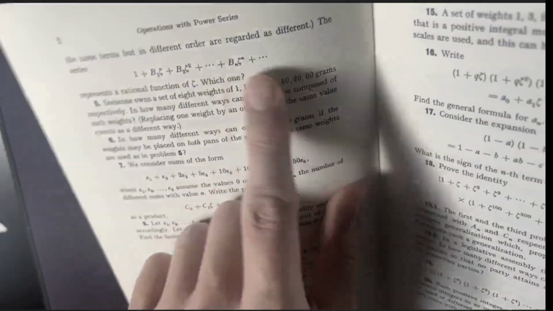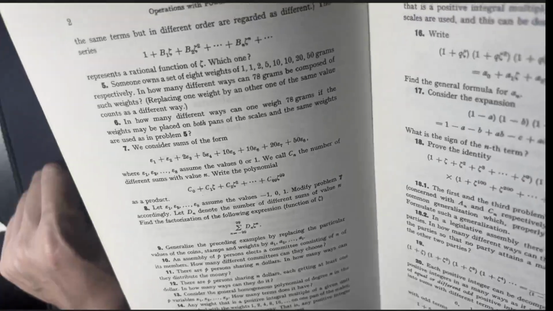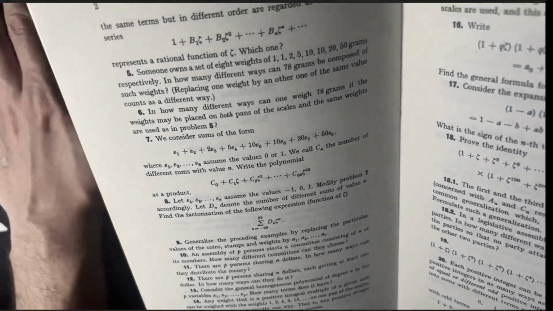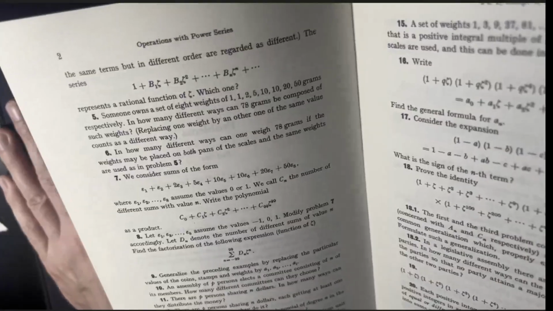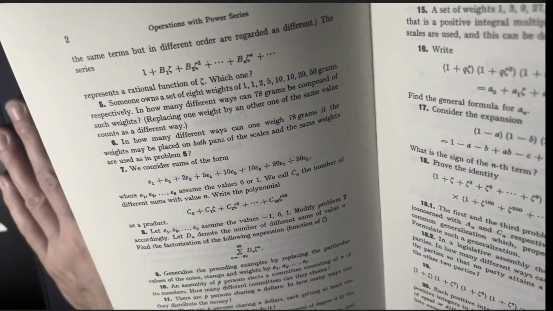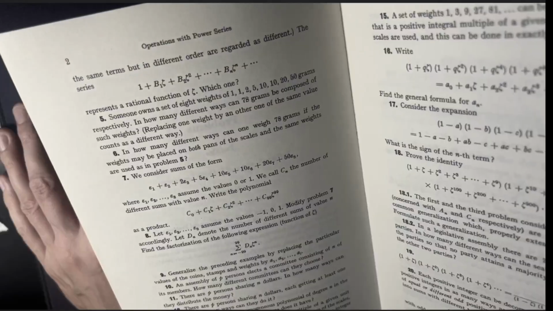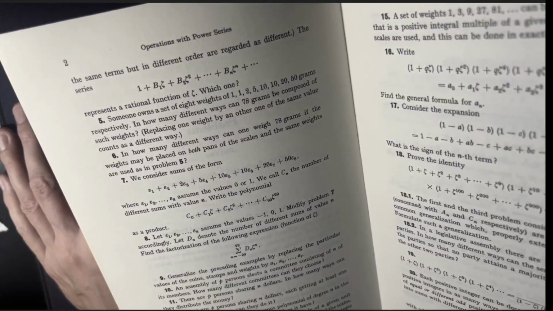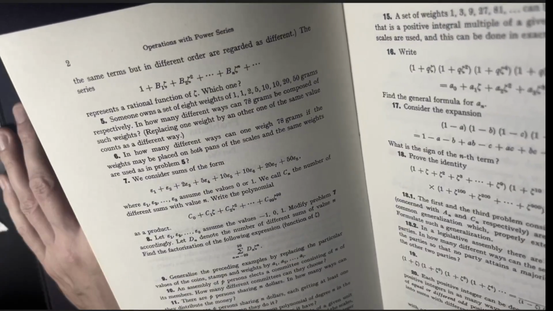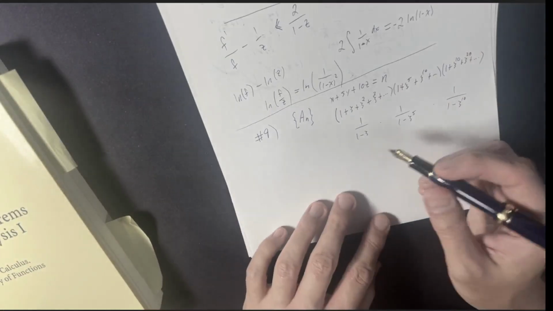So this time, these B coefficients, that's why I said permutations. It's not just the number of solutions, but all arrangements of those solutions. So let me think about how we did that one.